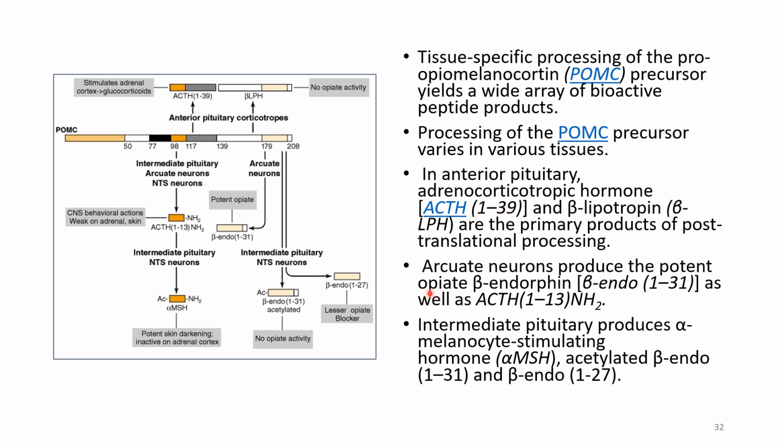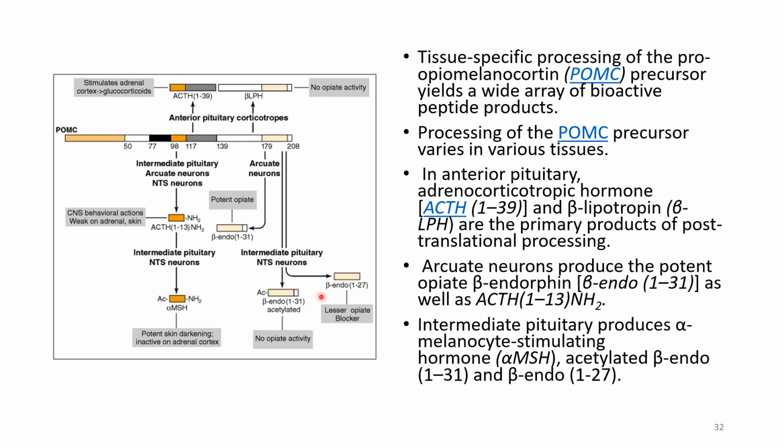In the arcuate neurons, present in the hypothalamus, it is converted into beta endorphins. And the intermediate pituitary produces alpha MSH and beta endorphins. So we are seeing the formation of ACTH, beta lipotropins, beta endorphins, and alpha MSH.